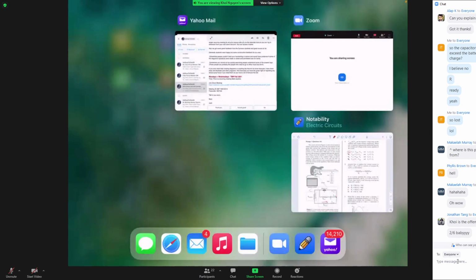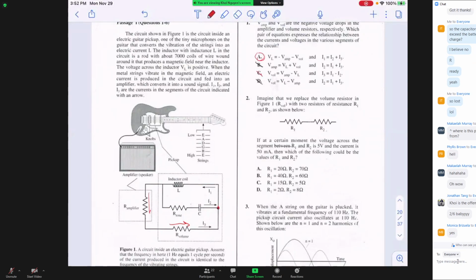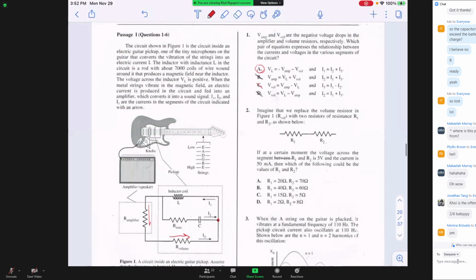I'll let you guys look at it some more. Number 2, right? You guys wanted difficult. This is difficult for sure and out there, kind of like what the MCAT is going to expose you guys to. Number 2, imagine that we replace the volume resistor in figure 1, R volume, with 2 resistors of resistance R1 and R2.